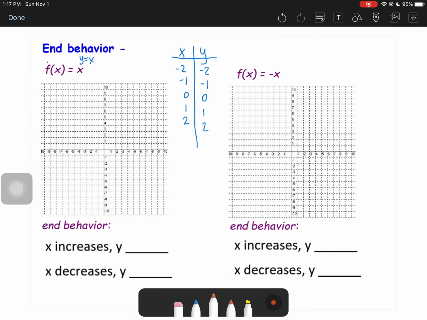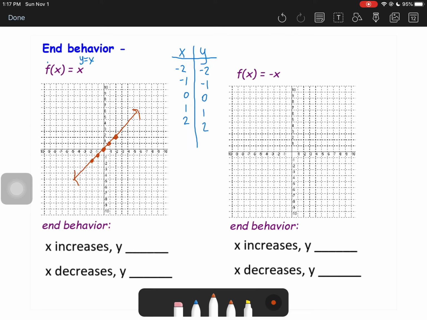So when we graph, we have (-2, -2), (-1, -1), (0, 0), (1, 1), (2, 2). We have a linear function. We'll connect with arrows on both ends. So what we want to talk about is end behavior, what's happening on the left side and what's happening on the right side.